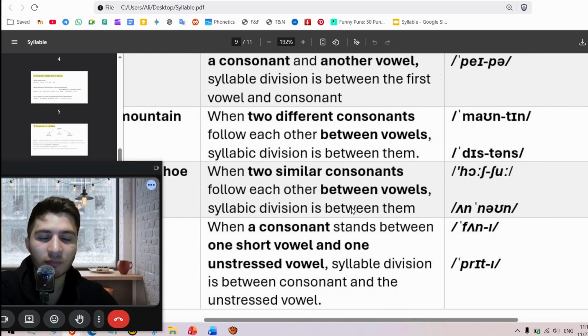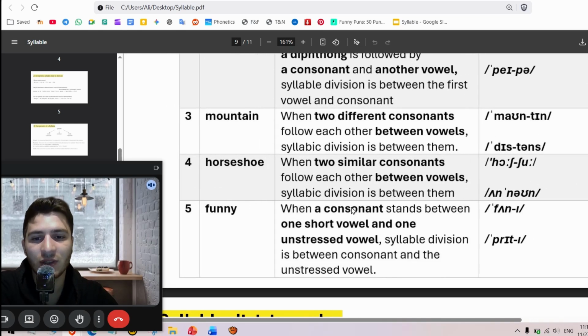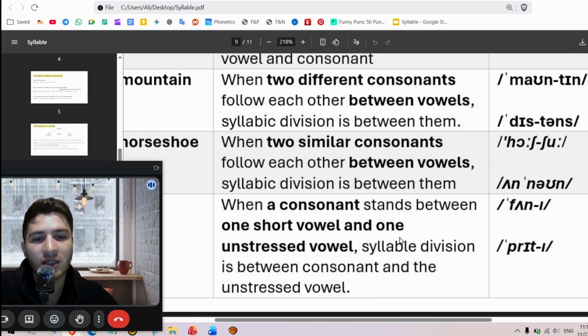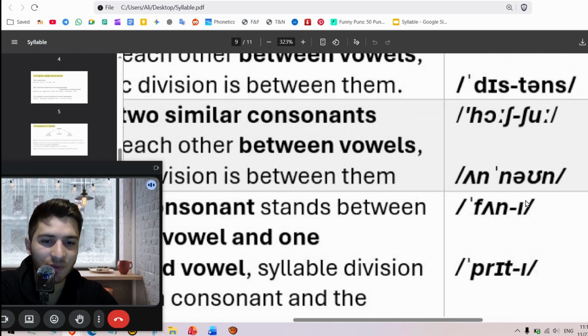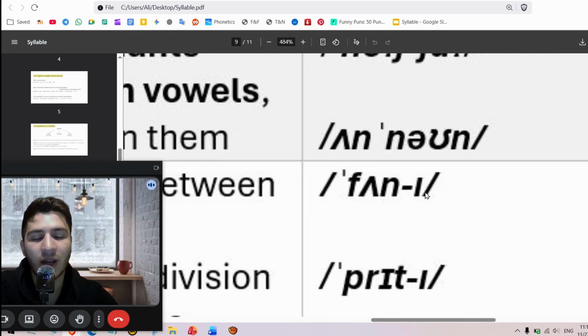Un-noun. The last rule of consonant division, we can refer to the word funny. When a consonant stands between one short vowel and one unstressed vowel, we can see that we have open a.